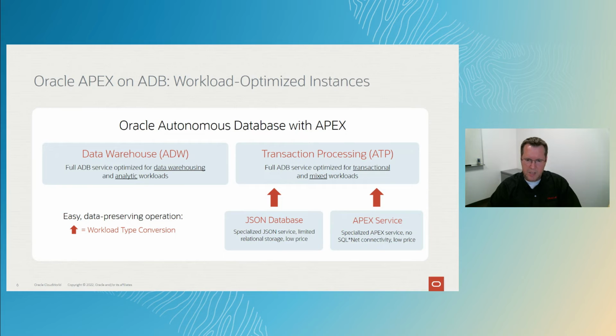We have a version of ATP called JSON Database, more about the JSON document use case. And then we have a specialized service called Apex Service, which, as the name suggests, it's all about the Apex use case. So it comes with everything you need to build and deploy great Apex applications, but it does omit the SQLnet channel, the SQLnet interface, SQLnet connectivity.